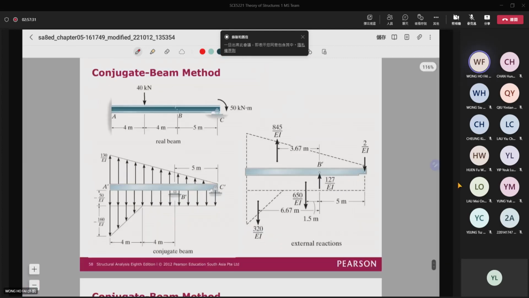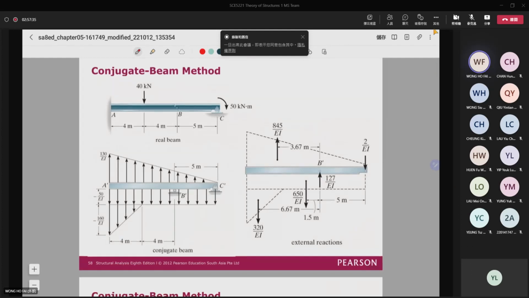Now for here, first of all, we need to change the real beam to a conjugate beam first. First of all, we have a fixed end on A. We have a fixed end here. Then for the fixed end, we need to change it to the free end. So we will change it to the free end here.